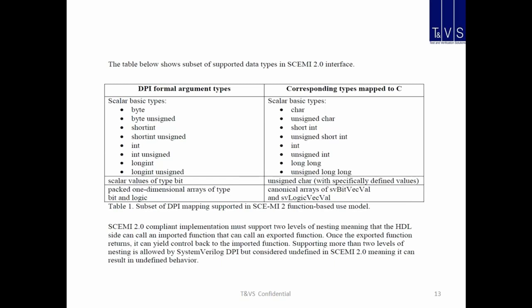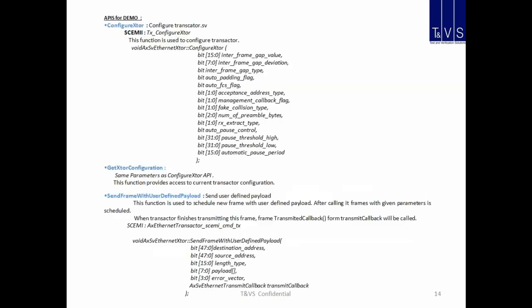So these are the APIs that were used. This is a configure API where it has all the configuration parameters for Ethernet, like frame gap value, padding, FCS, extract type, and the rest. And next is get configuration from the transactor, that basically returns the current configured value of the Ethernet.